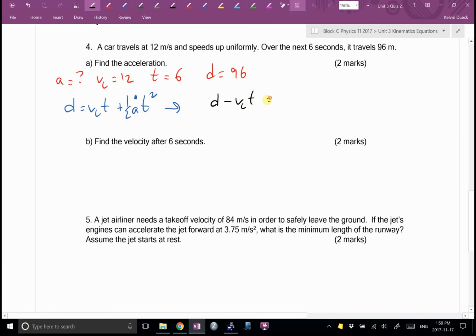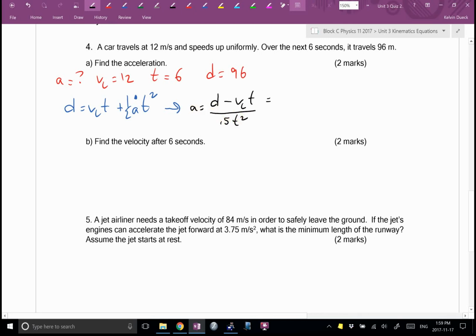And then in my mind, I imagine a 0.5, an a, and a t squared. I've written it, but can you just imagine it there? How would I get the a by itself? What are the 0.5 and the t squared doing to the a? Multiplying. How will I move them over? Okay. The 0.5 and the t squared, that equals a.